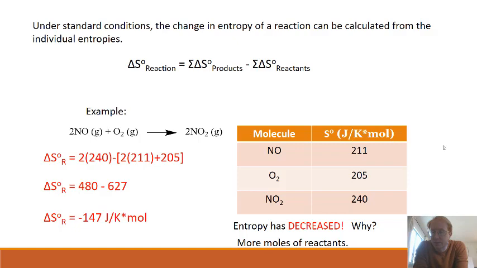So when you look at a reaction, you can qualitatively determine the sign of the delta S of the reaction, positive or negative, just by looking at any potential phase changes that are occurring and the number of moles that are involved. And if there are fewer moles on the product side than on the reactant side, I know my delta S value has got to be negative. That will never vary.